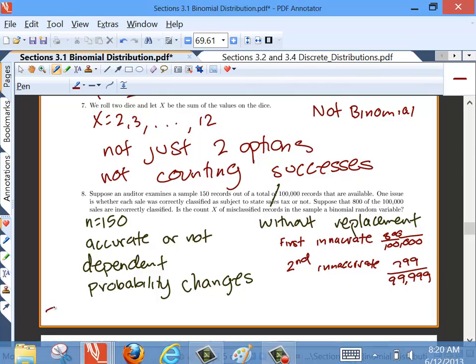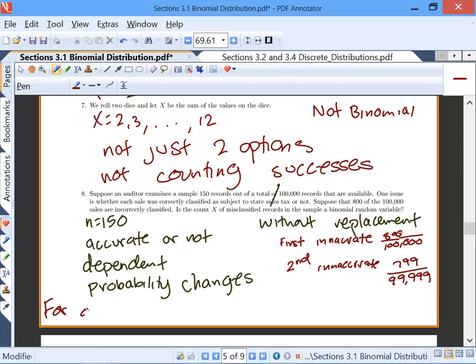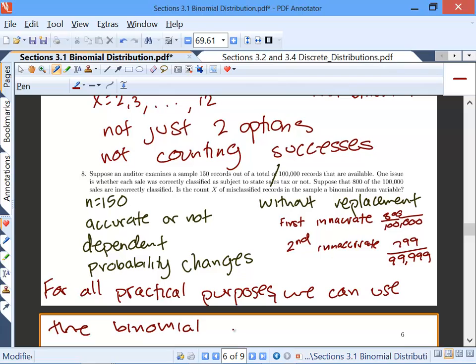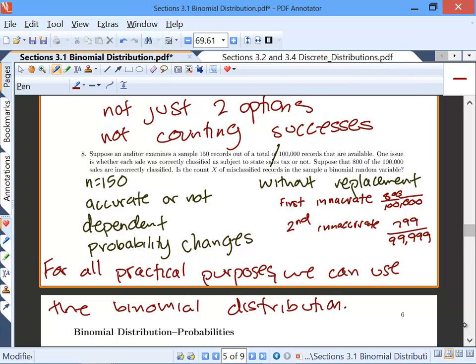So for all practical purposes, we can use the binomial distribution. Again, that is because my population is much bigger than the sample. So even though we're sampling without replacement, it just doesn't make a practical difference, so we can still use the binomial distribution here.